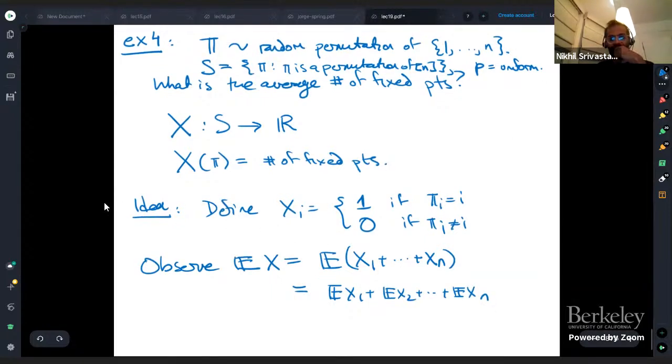So I use linearity in the last step. Now this is nice because all I need to do is compute the expectation of one of these, and that's easy. The expectation of X_i is just the probability that i is a fixed point. It's 1 times that, plus 0.